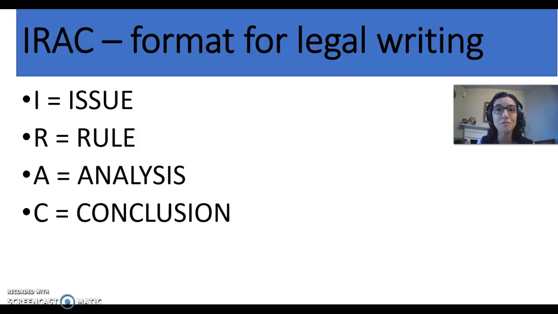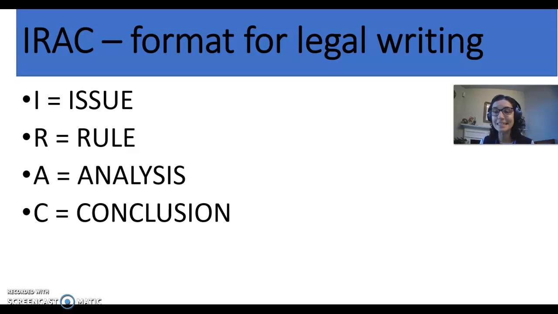In other words, there's a formula, and it follows this: issue, rule, analysis, conclusion. Every sentence in your discussion section will either be an issue sentence, a rule sentence, analysis, or conclusion. You can literally organize and label your legal writing like a formula.